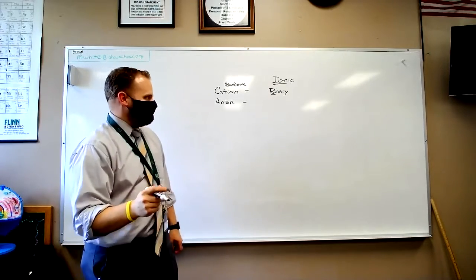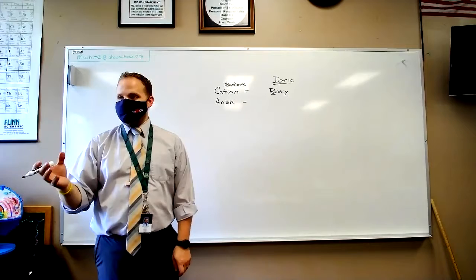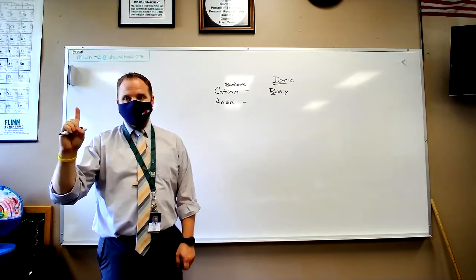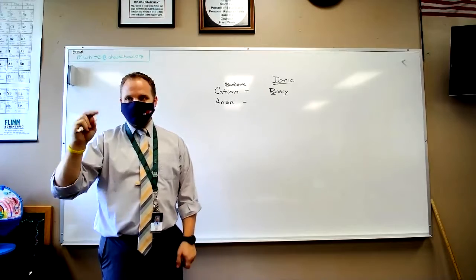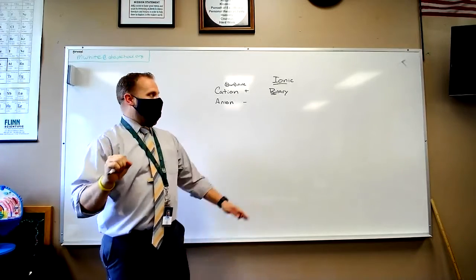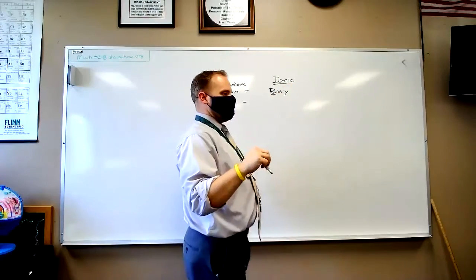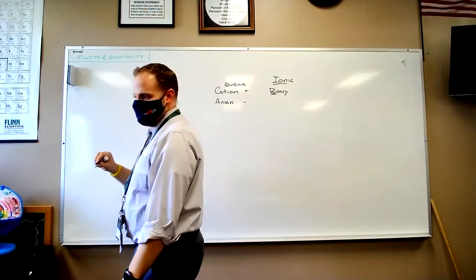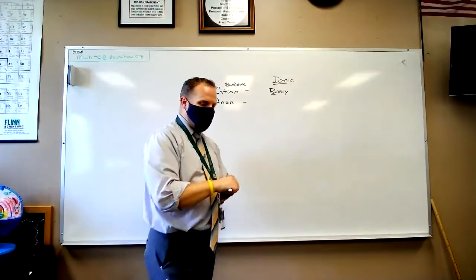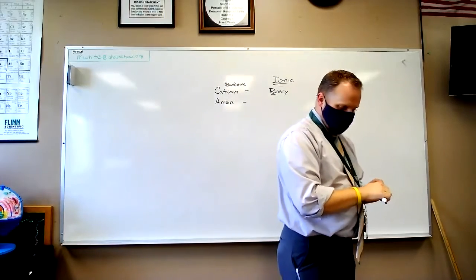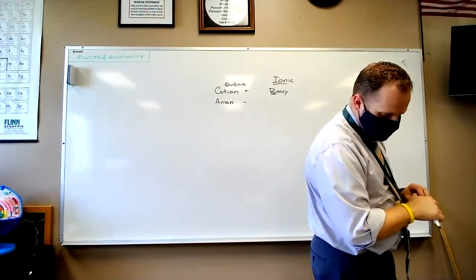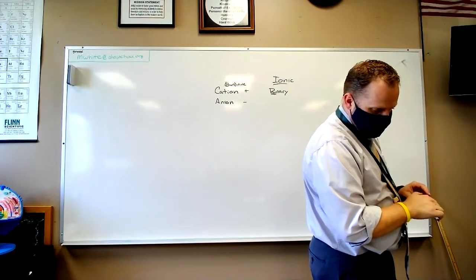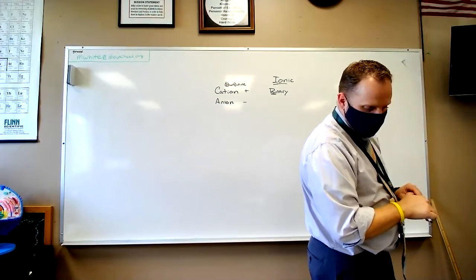So binary, if you're familiar with computers and binary code, the reason why it's called binary is because it can either be a 0 or a 1, and that's it. There's two options. Okay. Binary ionic compounds, kind of the same thing. We have two things. Okay. And in the book on page 210, there is an example of a couple of these binary ionic compounds.